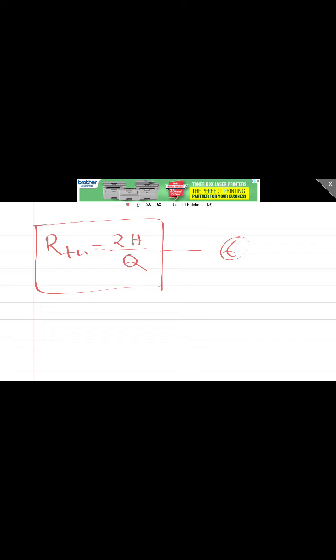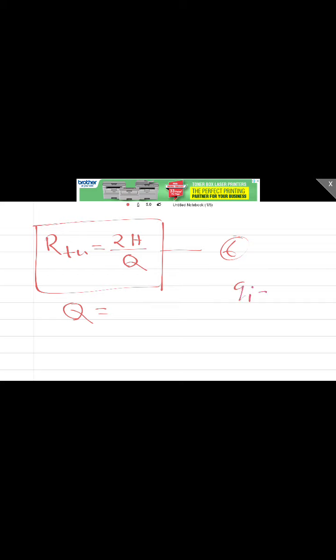Again I am telling you, whatever we have considered here, this capital Q is the steady state liquid flow rate.